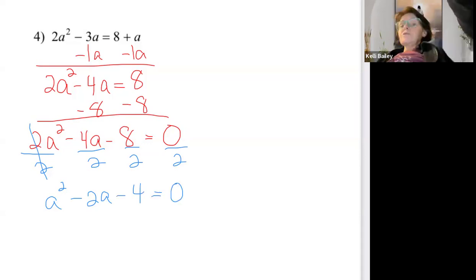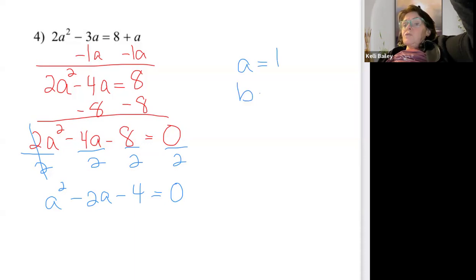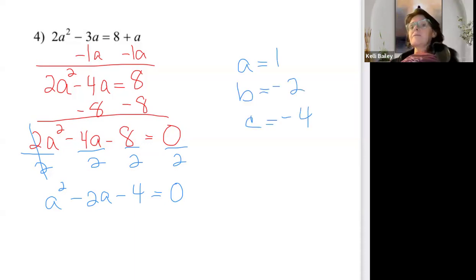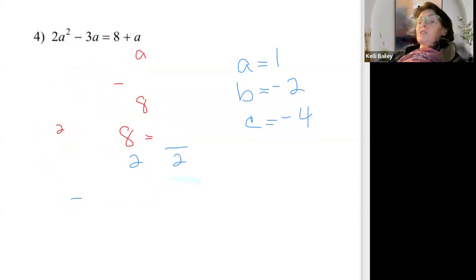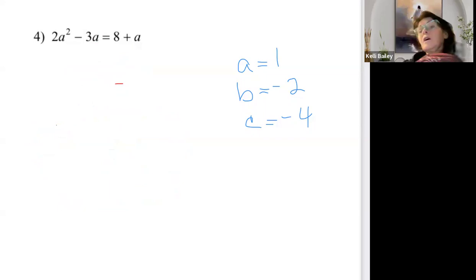Okay, we're still doing quadratic formula. So now a is 1, b is negative 2, c is negative 4. All right. I am going to plug those into my formula, and I'm going to erase so I have more room over here. If you need to see it, then you need to rewind and maybe take screenshots or whatever you need to do. Okay, so into the formula we go.